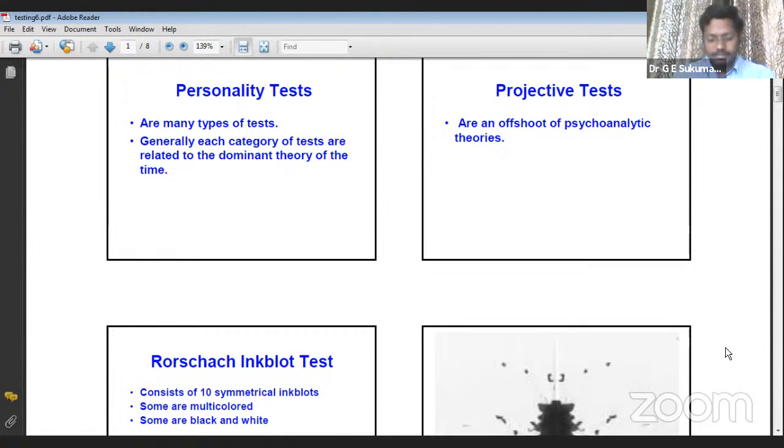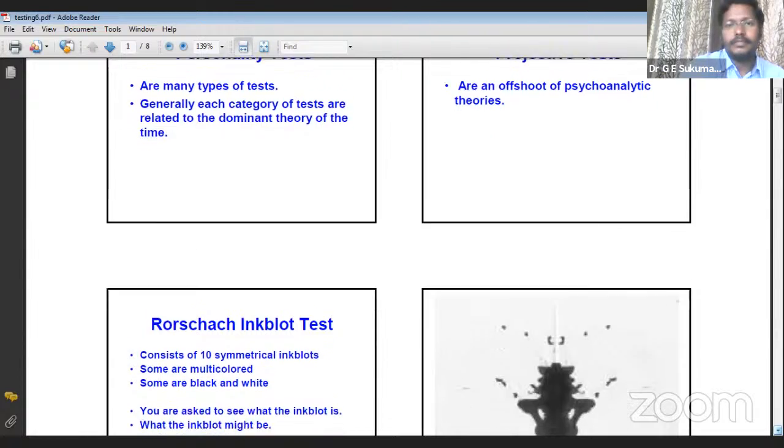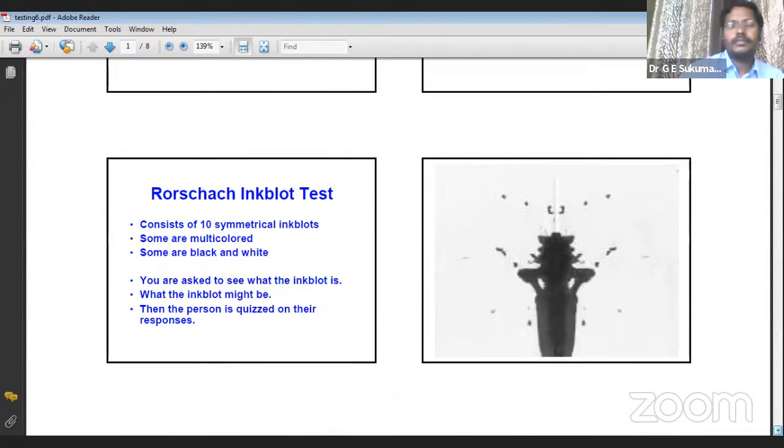So by administering this test, we are trying to know what type of personality a person has. In personality tests we have personality inventories or questionnaires where statements would be given.